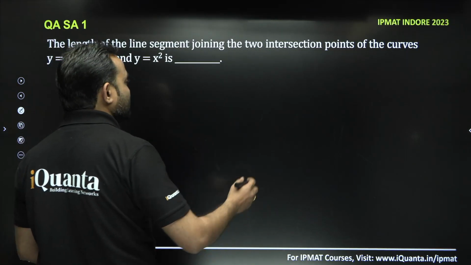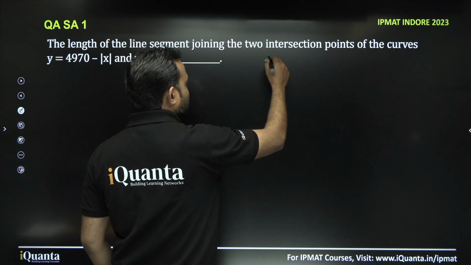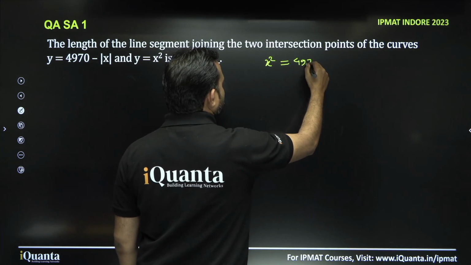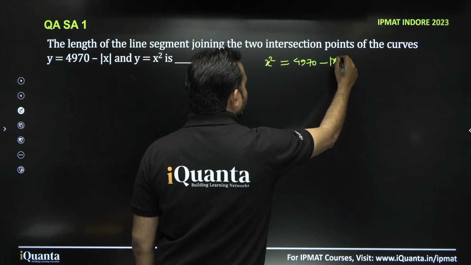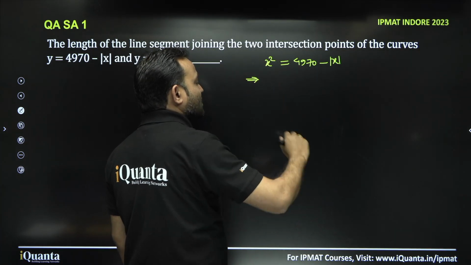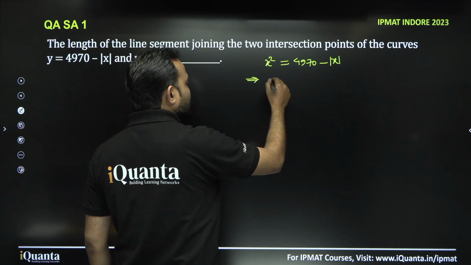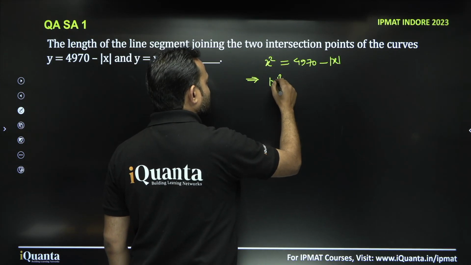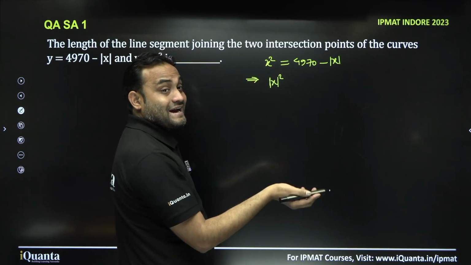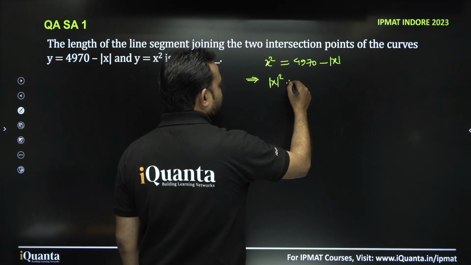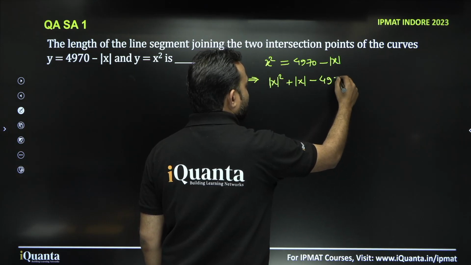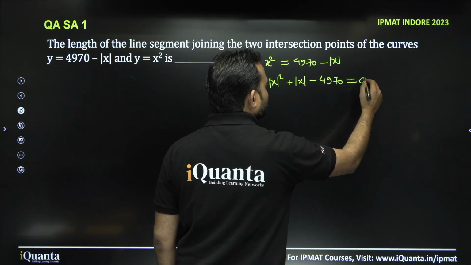So can we say that x square is equal to 4970 minus mod of x, or we can also say that x square can be written as mod of x whole square, because both of them are positive values. X is negative or positive, doesn't matter. Then we get mod of x whole square plus mod of x minus 4970 is equal to 0.